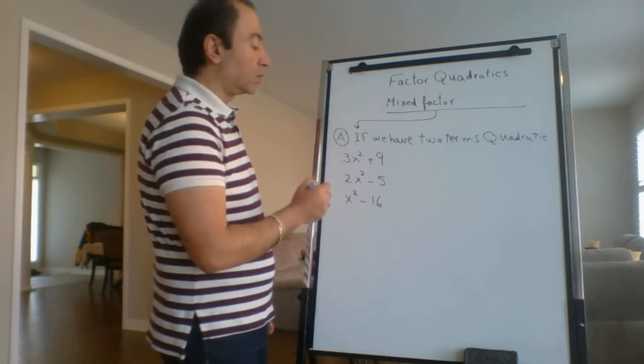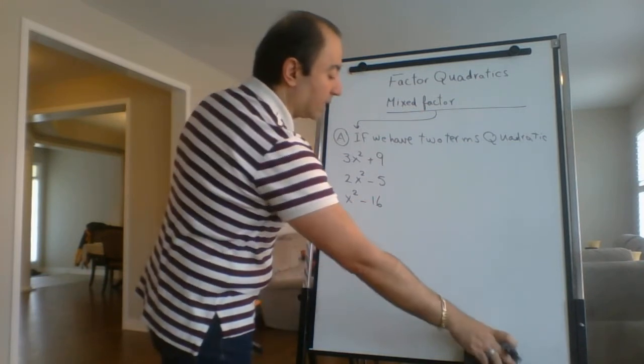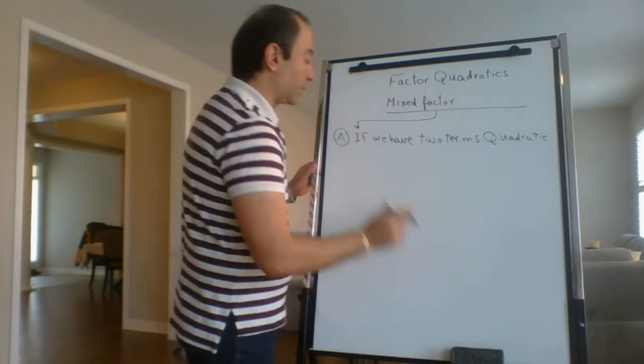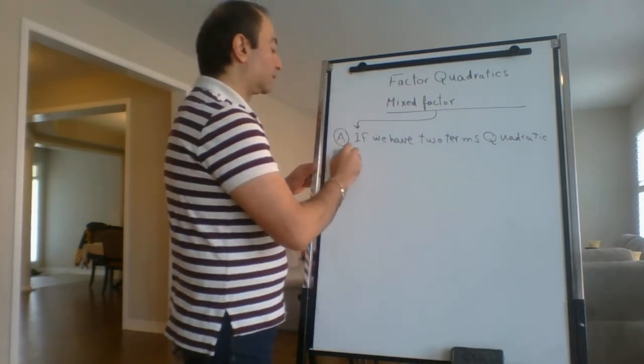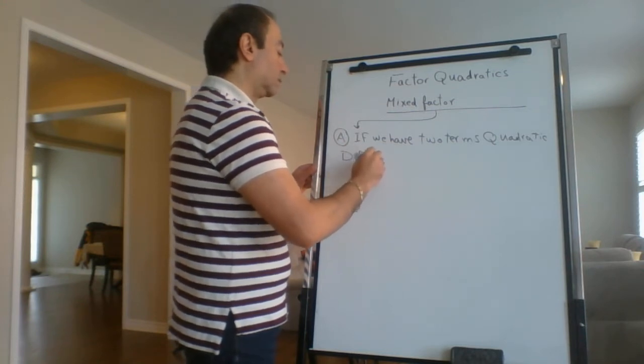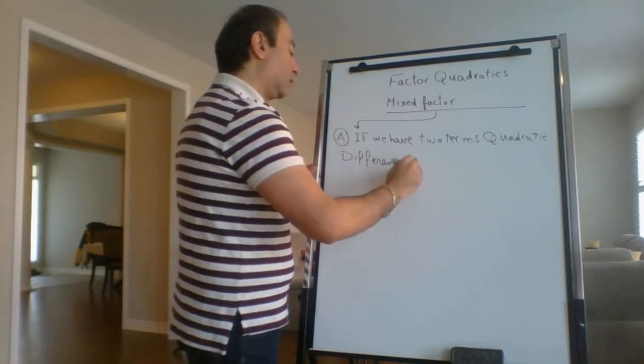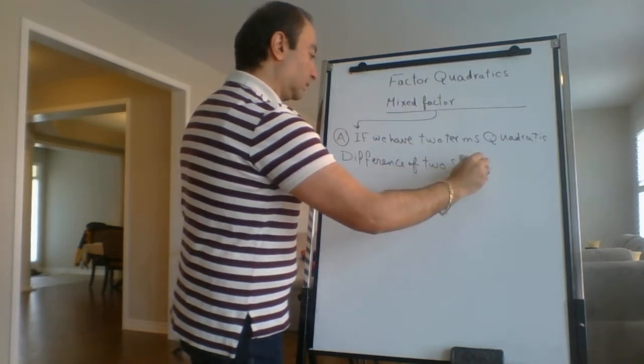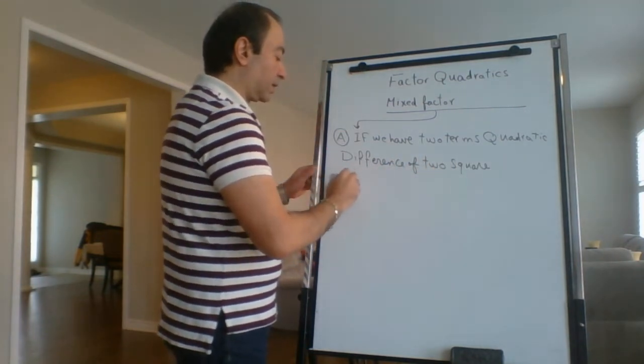So what we're going to do is see if we have a difference between two squares, in the form of a squared minus b squared.